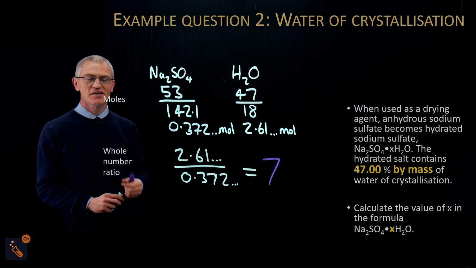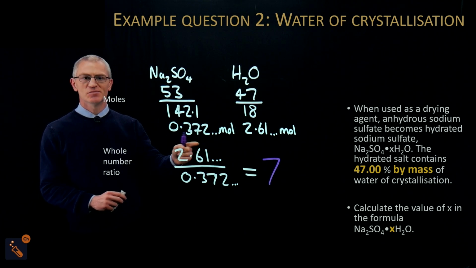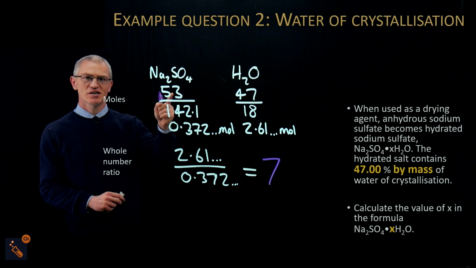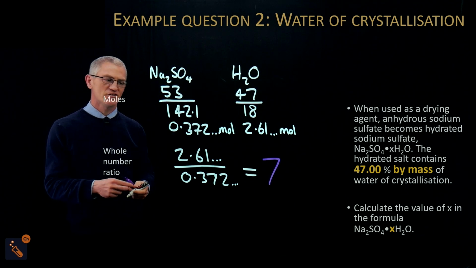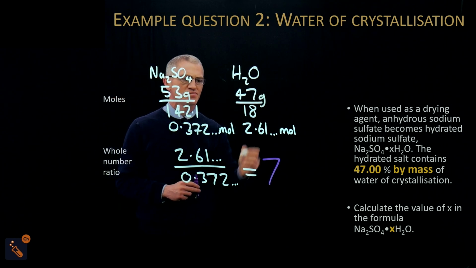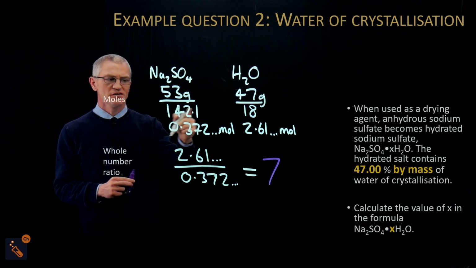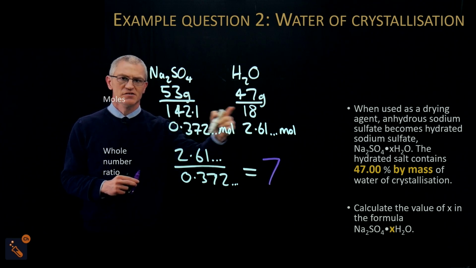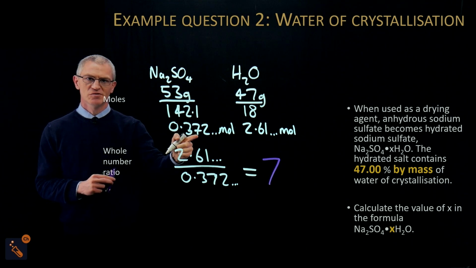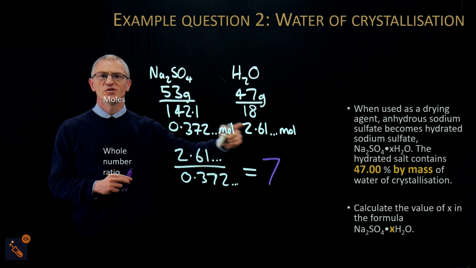Just to go through that again: because it is a percentage by mass, you can convert that number straight into grams. If we want to make that more obvious, put the g there. Then we divide by the molecular mass, and that works out our moles. We now know the moles of each of them, so we can do a ratio.